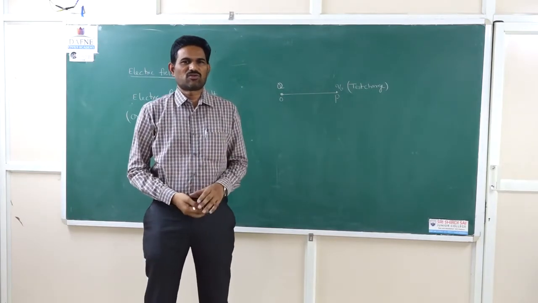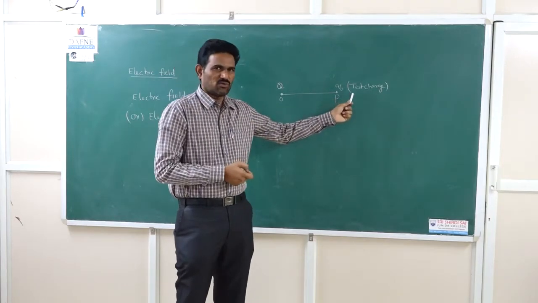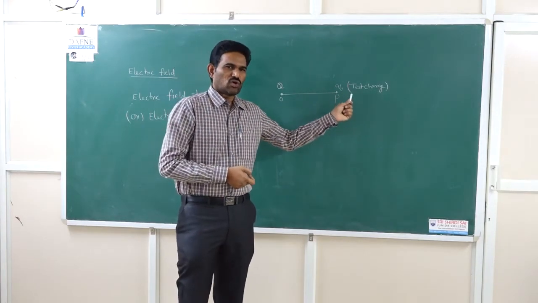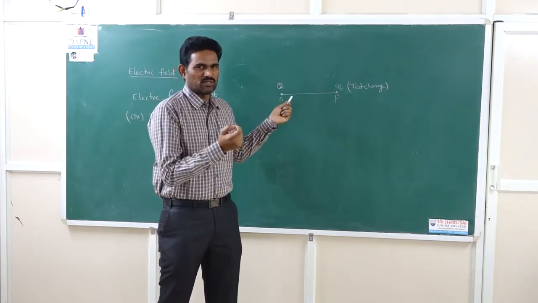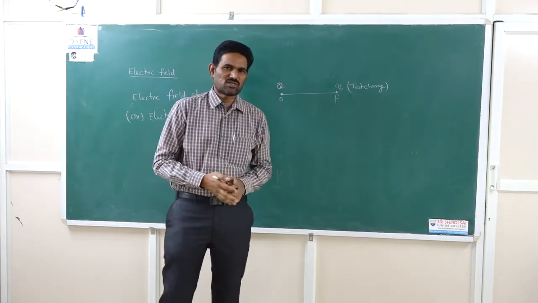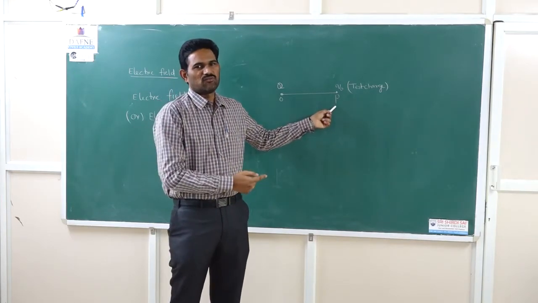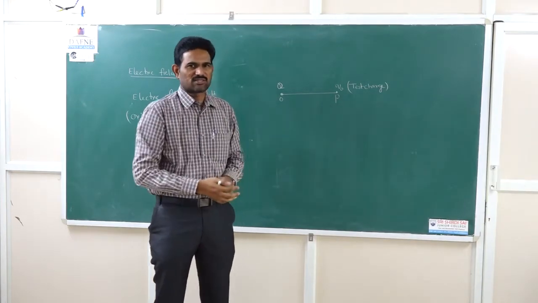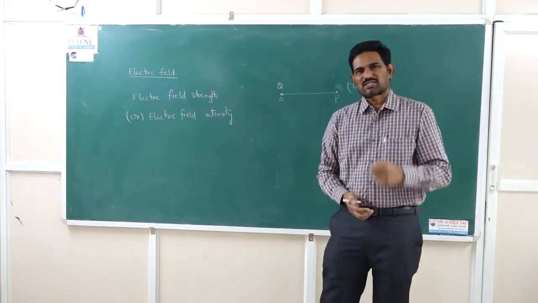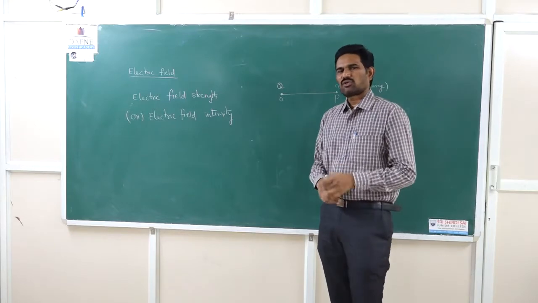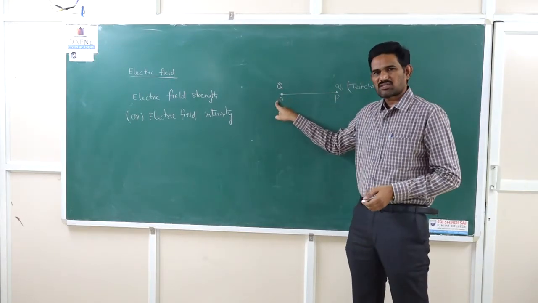That means it is very small, tending to zero, so that it should not affect the field produced by this charge. That is the importance of the test charge here: it should not influence the field produced by the original charge. That is possible when the test charge is too small. If you take a too small charge, it doesn't influence the field produced by this charge much.